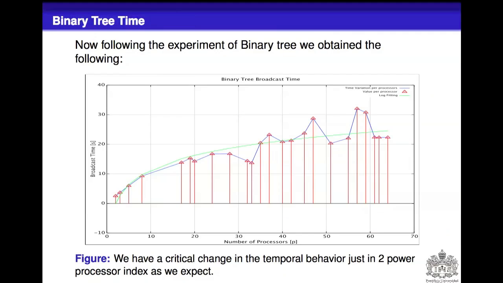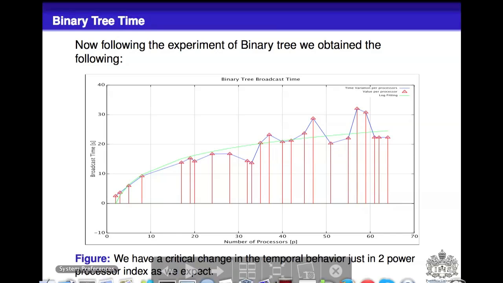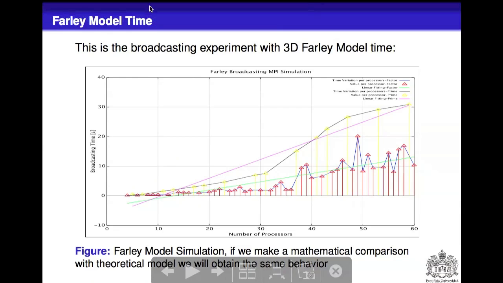Okay. Then, to complement this, here is another measurement. This is a measurement of broadcasting time in terms of the binary tree. As you can see, it's a log behavior that changes between the power of 2 values. The power of 2 values represent a lower case in all the other measurements, in this case up to a maximum of 64 processors.